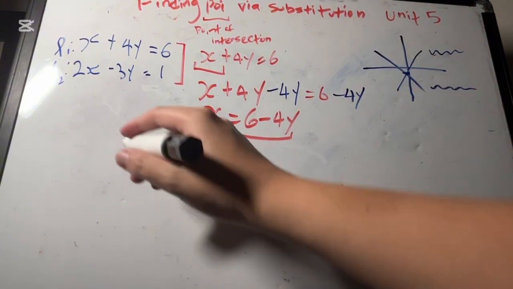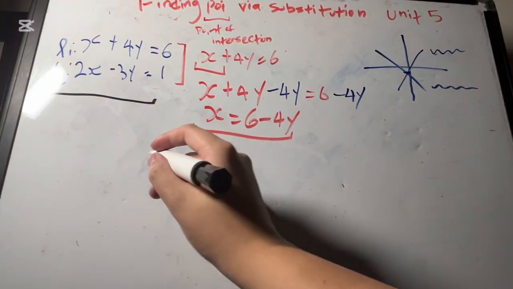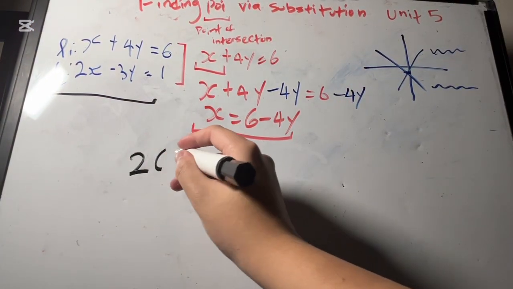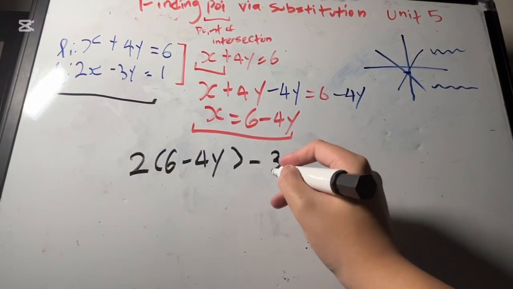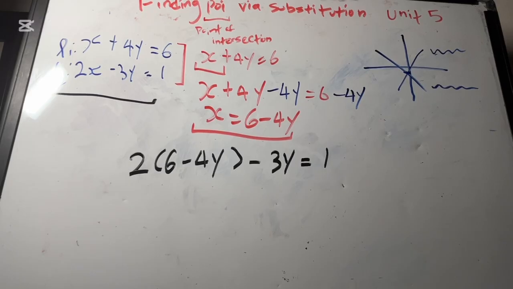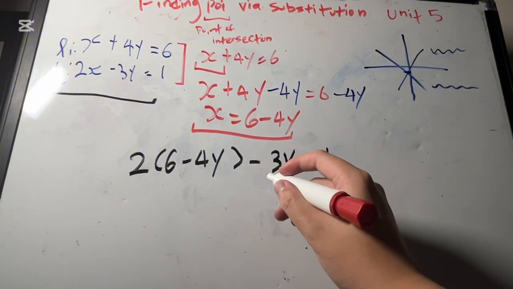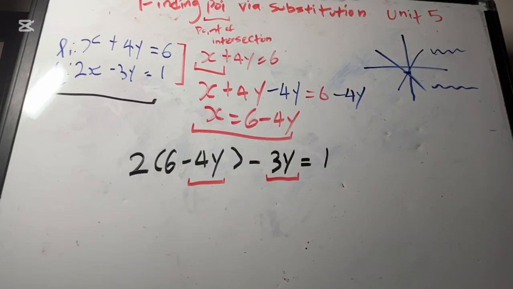And thus, what we want to do is take the second equation, 2 times (6 minus 4y) minus 3y equals 1. Now, we've essentially plugged the x back into the equation. What you can see here that's really peculiar is that there's only one variable in this entire equation. And thus, you can begin solving for y.